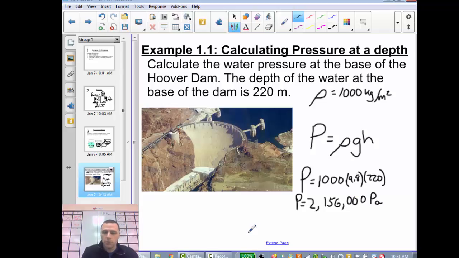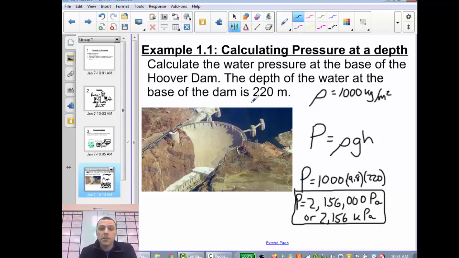If you wanted to shorten that, you could write 2,156 kilopascals, and this would be our answer. Just to give you a comparison, because it's a pretty deep depth of water to go to.